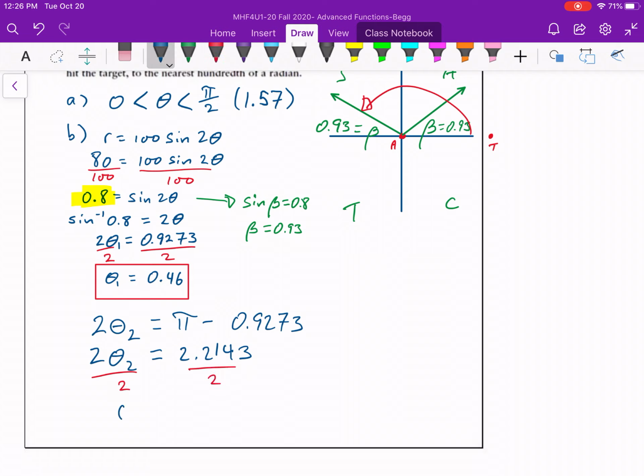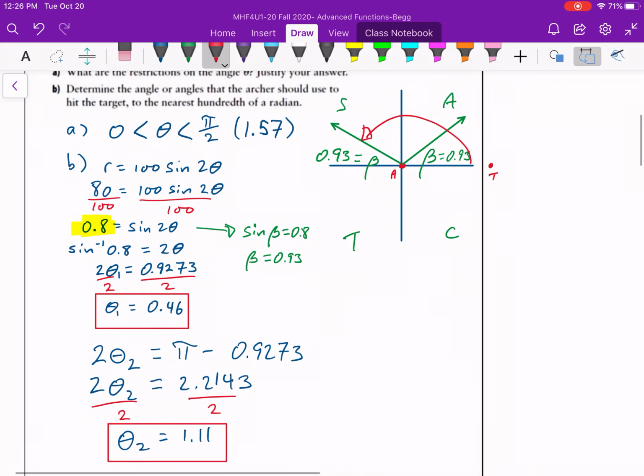And theta 2 is equal to 1.11. And that would definitely be in quadrant 1, because remember, in quadrant 1 is anything between 0 and 1.57. 1.11 is between 0 and 1.57, so we've got this other angle.